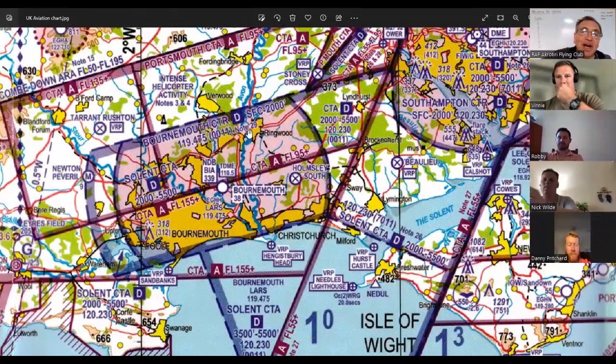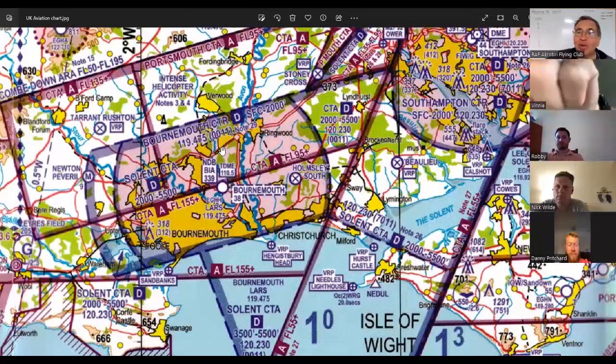You can see that, well, hang about, you've got surface to 2,000 is Class D. You've got another bit which is 2,000 to 5,500 foot is this little bit here. So could you actually overfly Bournemouth, do you reckon, without talking to somebody on the radio?